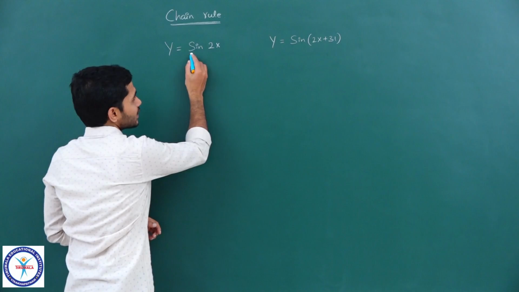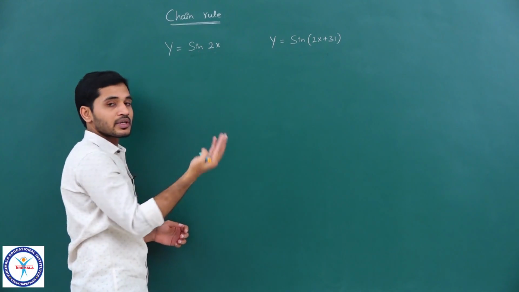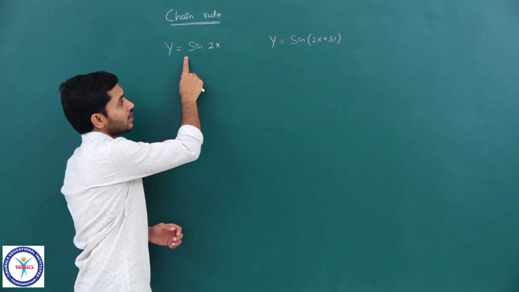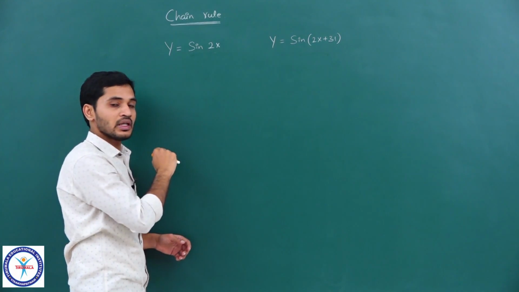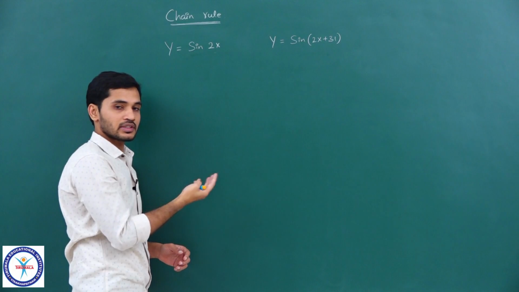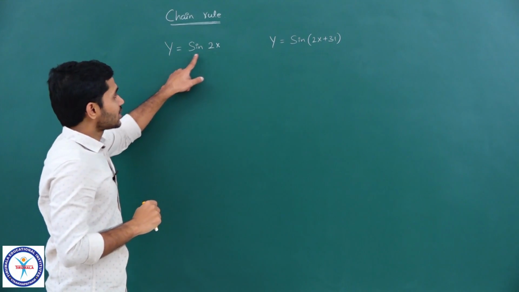But when it comes to cases like this, let us say you try to calculate the derivative of sin 2x, and we will see what the result is. So pause for a while and calculate the derivative of sin 2x, and we will see what the answer is. So y is equal to sin 2x.